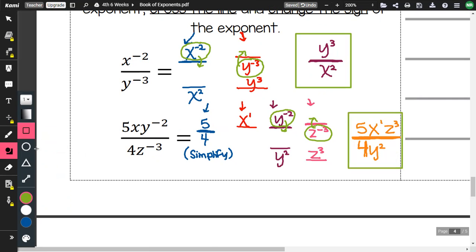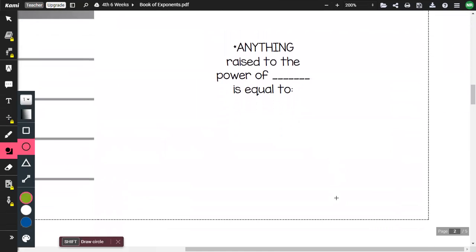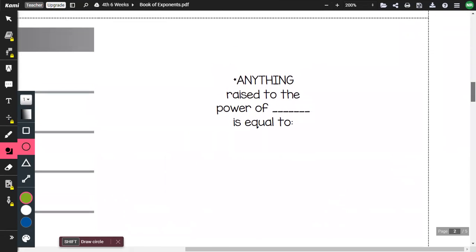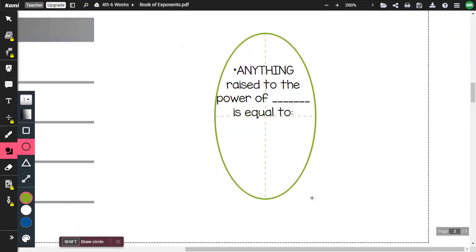Tackle these problems one at a time, and it will make life easier, okay? Ready? Last example. Can you guess what example this is? Anything to the power of 0. So I'm going to draw a giant 0 over my words.